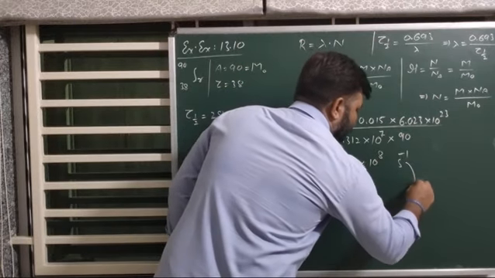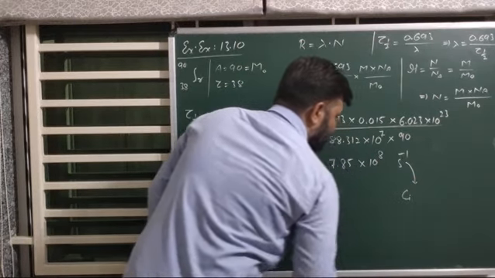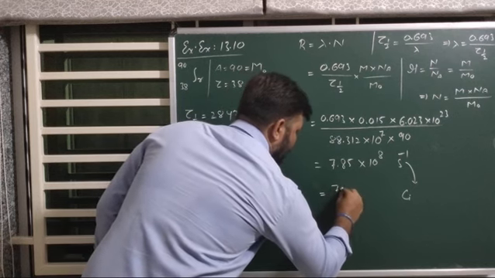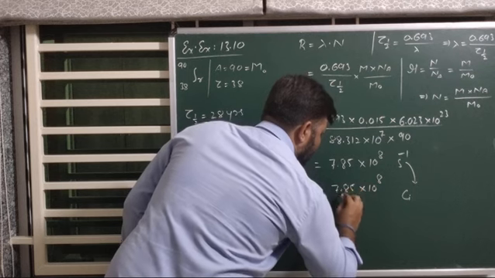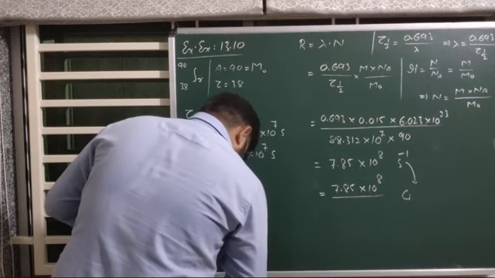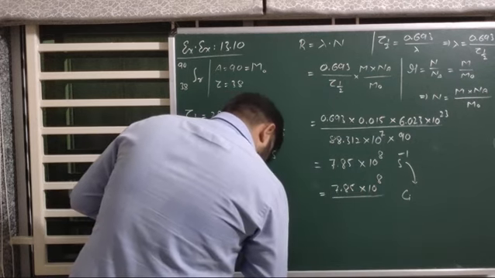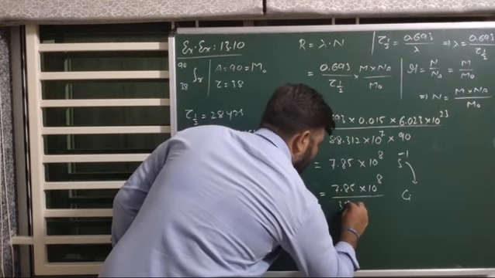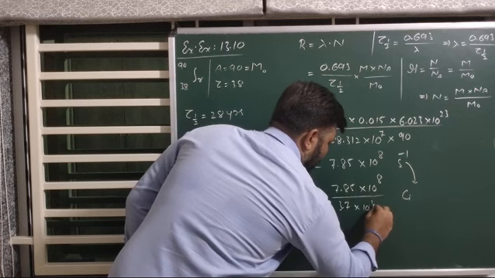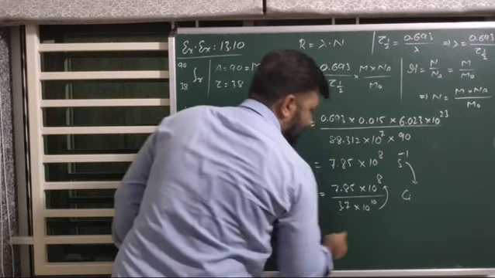If you want to find it in Ci, that is Curie, then 7.85 multiplied by 10 to the 8 divided by 3.7 multiplied by 10 to the 10. Right? So this is the conversion.